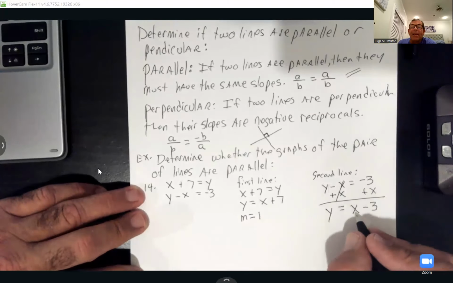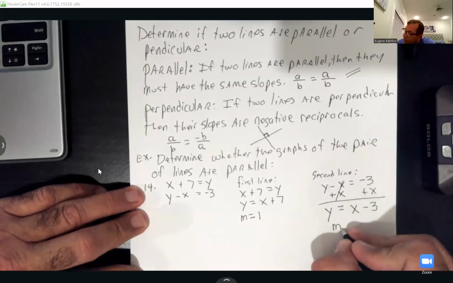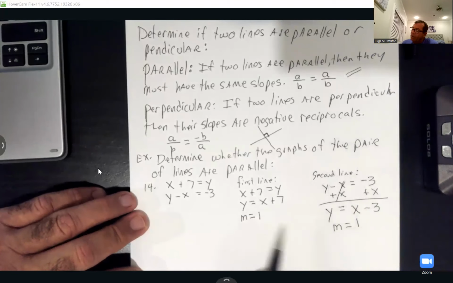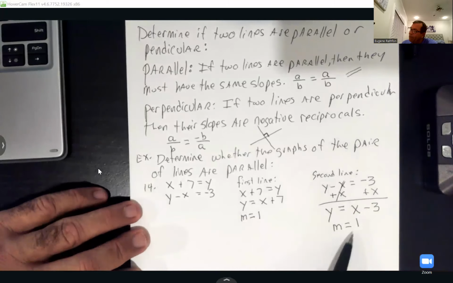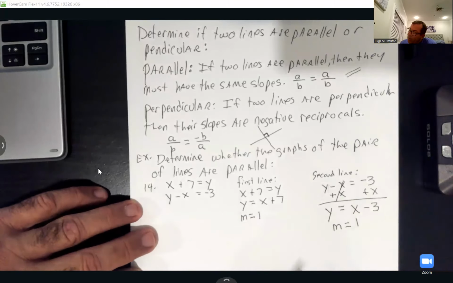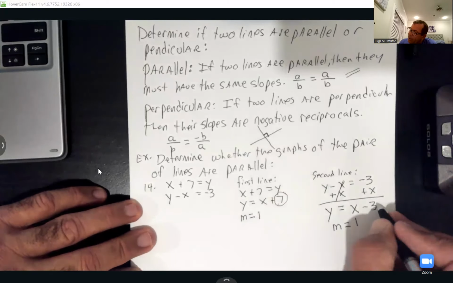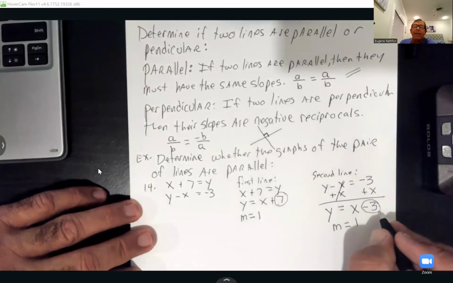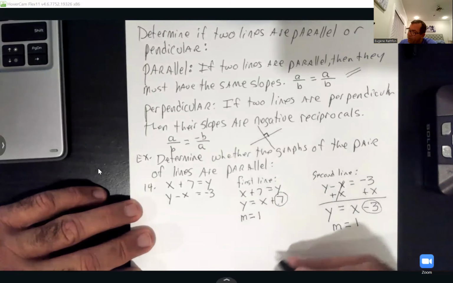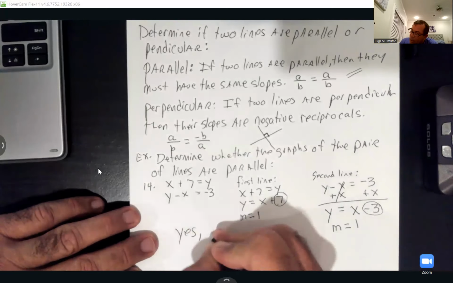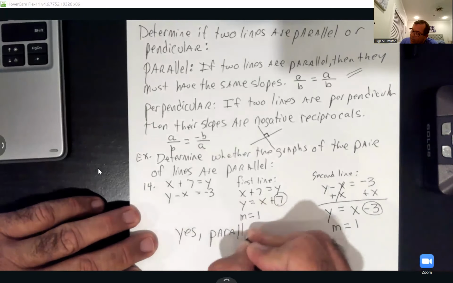So once again, I got an x by itself that don't have a number in front. So we treat that number like a 1. So the slope of the first line is 1. Slope of the second line is 1. Only thing different, this one's crossing the y-axis at 7. This one's crossing the y-axis at a -3. But they still will be parallel. So this is yes, they are parallel.